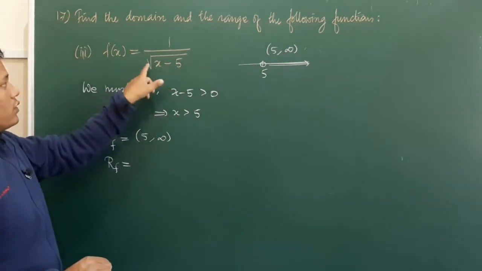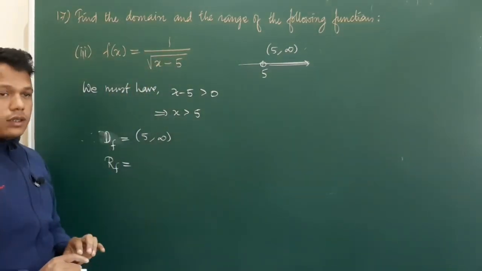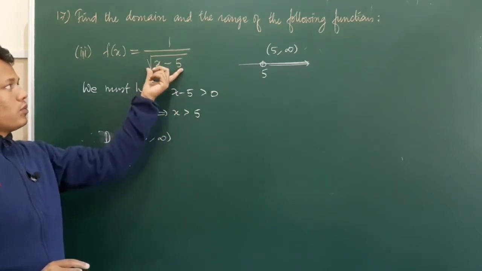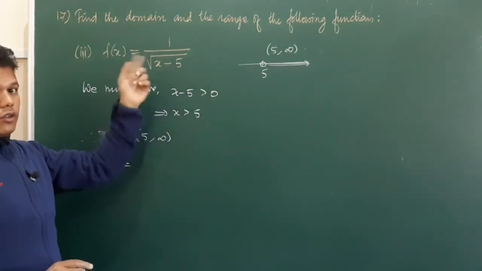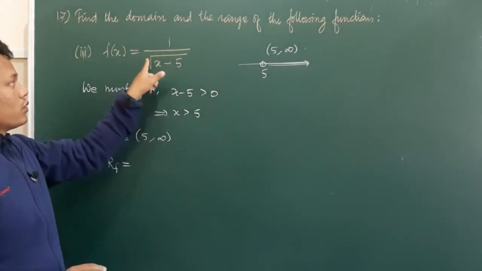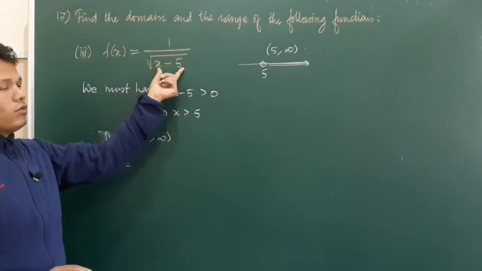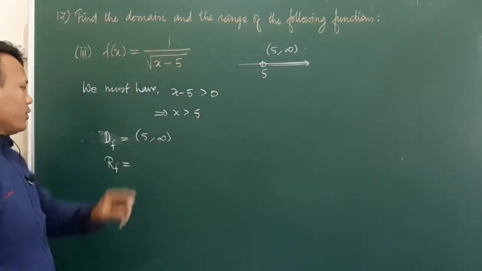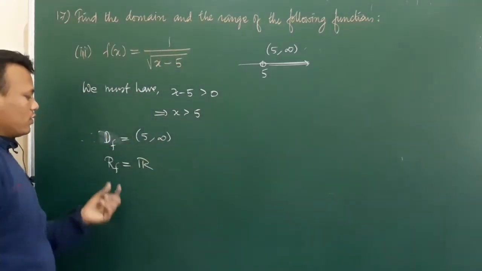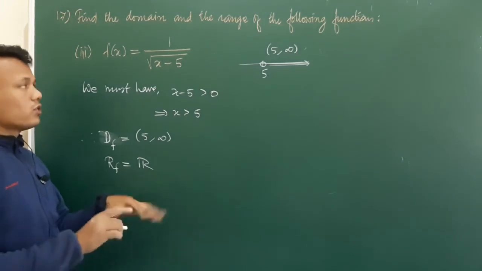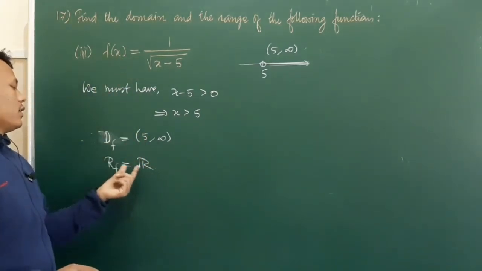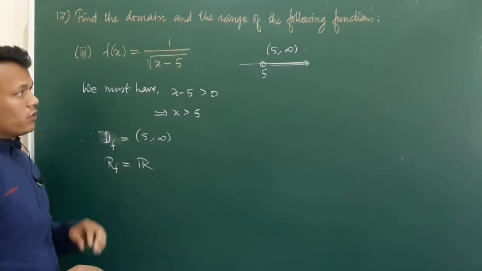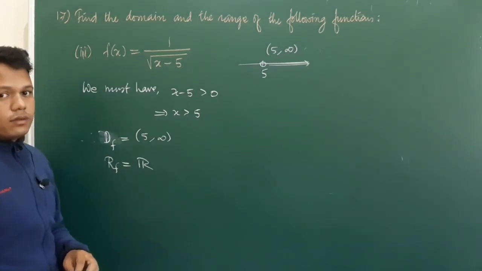Whenever x is greater than 5, this is going to be a real number, because the square root of any positive number is a real number. So the set of reals gives the possible values of f(x), and that's why my range will be R in this case. So pause the video and note it down.